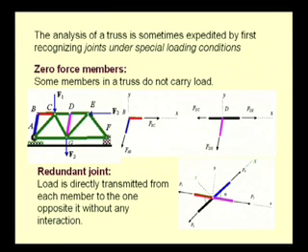There is another special configuration that we call the redundant joint configuration. That is, in a redundant joint, the forces of the constituent members are not shared. Like here you see this black member and the blue member, which are collinear, as well as the red member and the pink member, which are again collinear, connected at this joint.